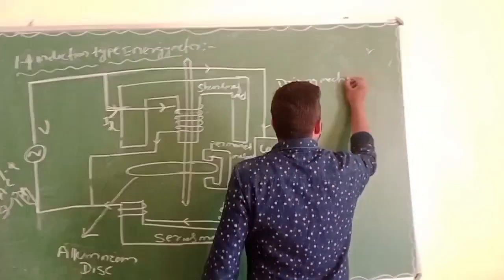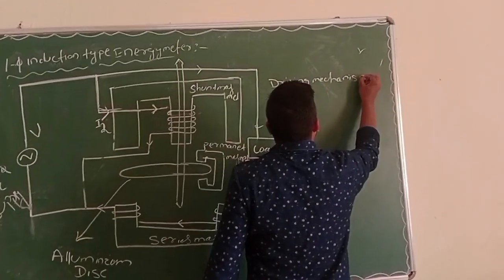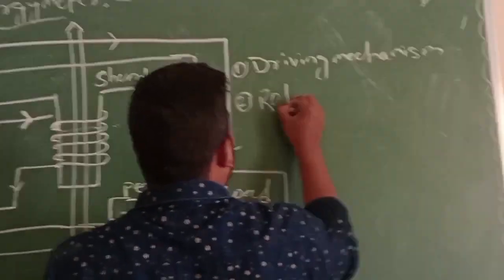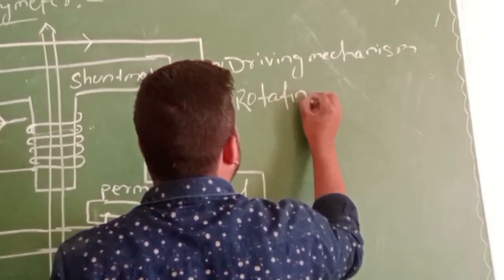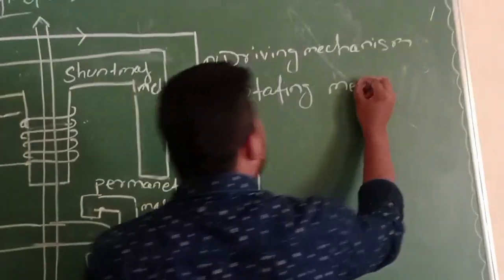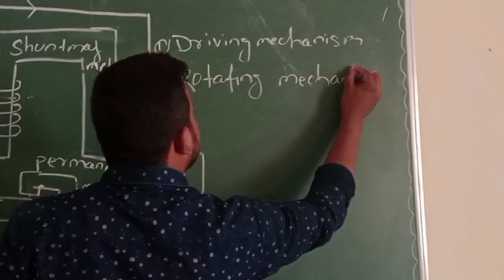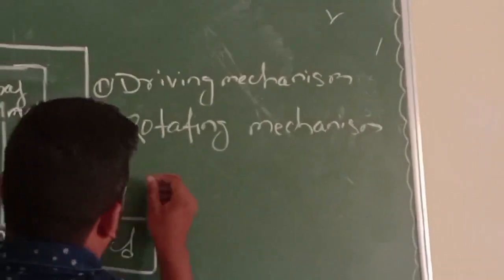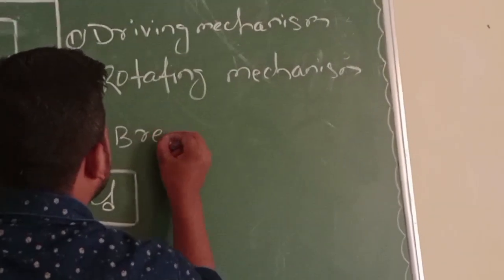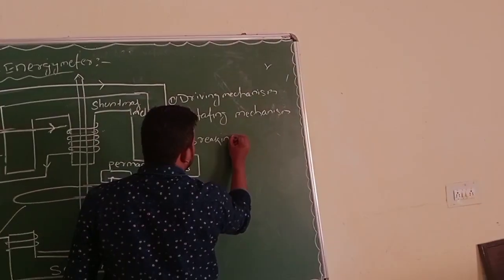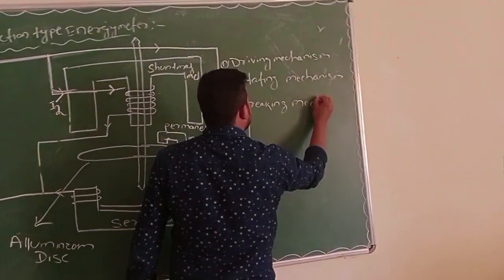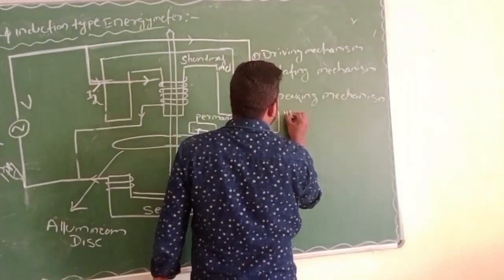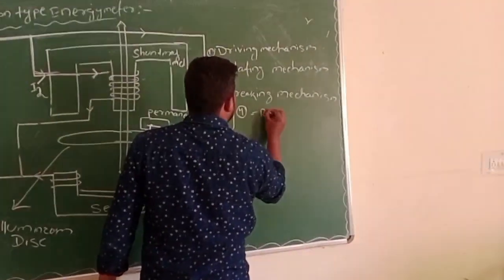First is the driving mechanism, second is the rotating mechanism, and third is the braking mechanism. The last one, fourth, is the registering mechanism.